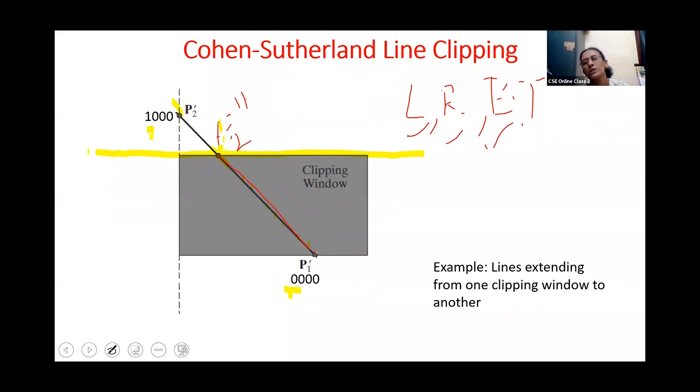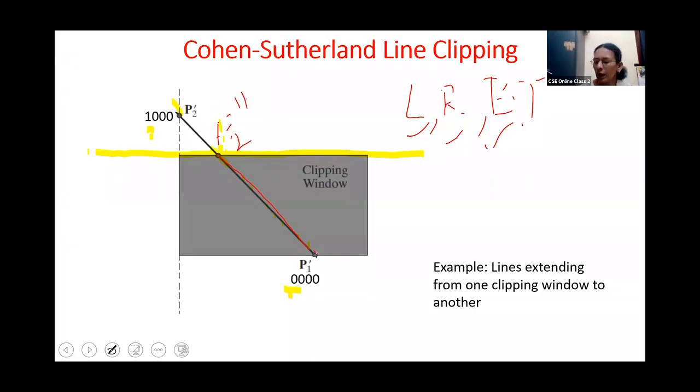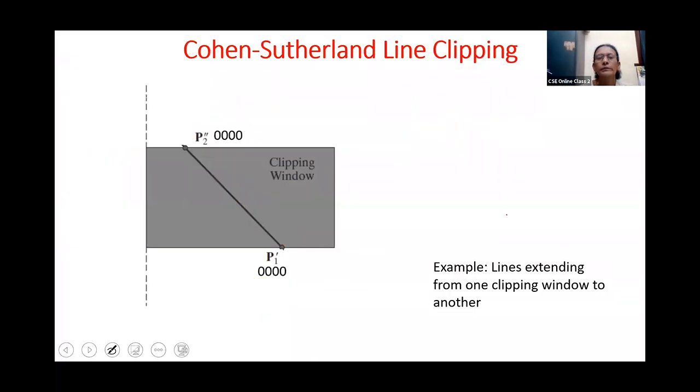Now, what is the code for P2 double dash? For P2 double dash it is again all zeros. So the outcodes for P1 dash and P2 double dash are both 0000.